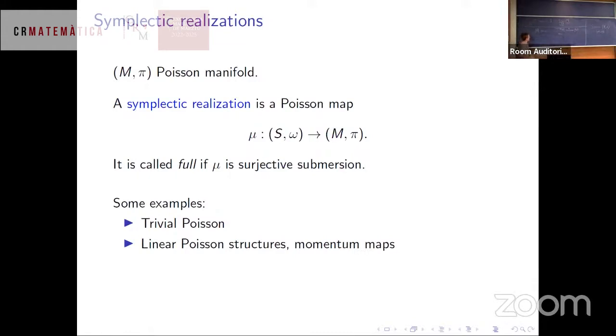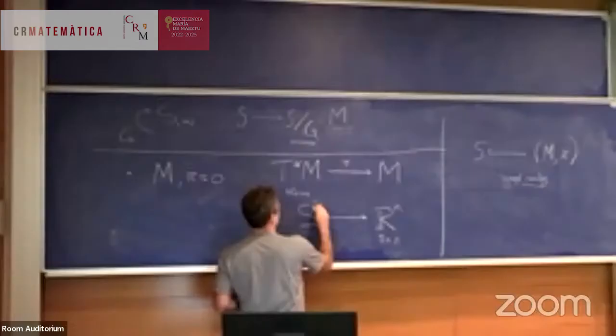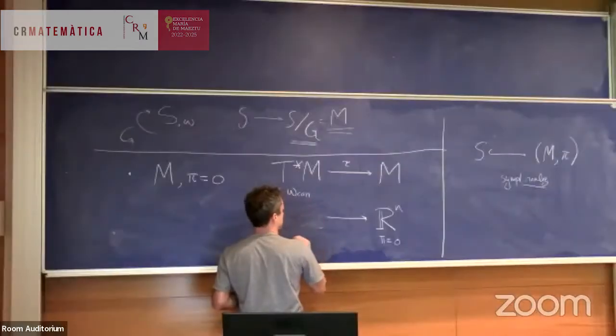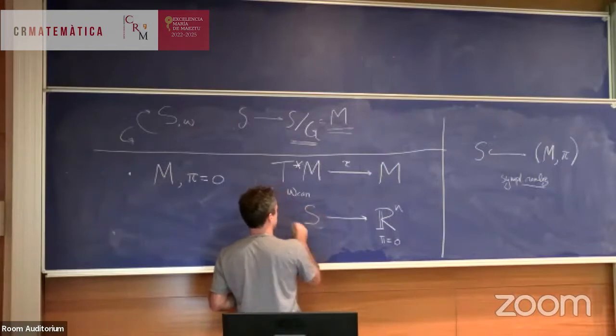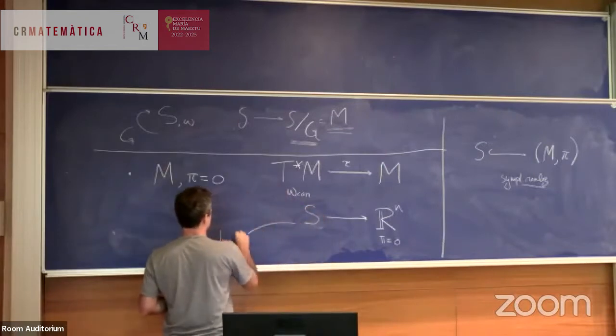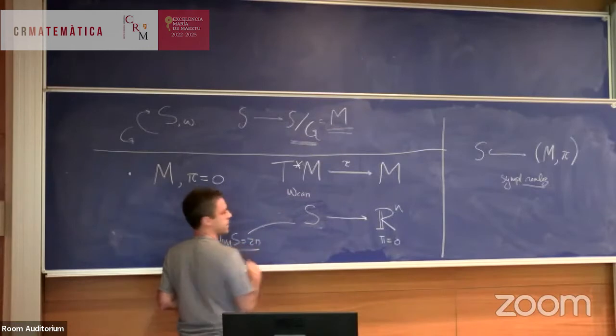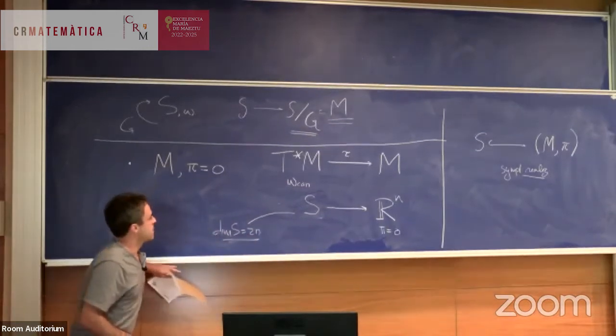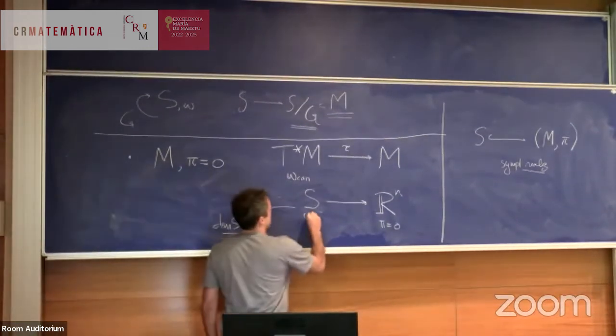And another remark is that if you consider, for example, R^n with a zero Poisson structure, and a symplectic realization from a symplectic manifold of dimension 2n. Oh, this is bad notation, right? So let's say a symplectic manifold, and I'll just put here dimension s equals to n, so that it doesn't look like a sphere, with some symplectic form.